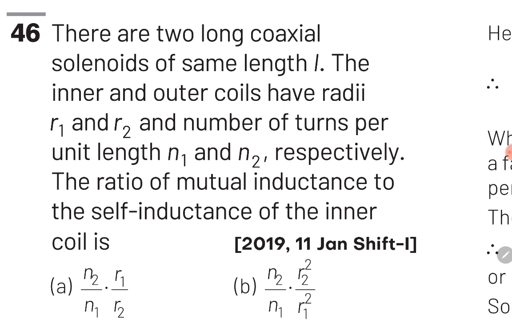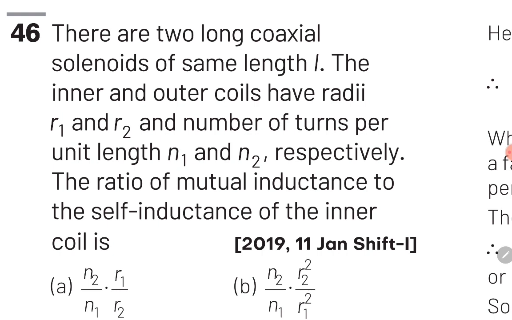Guys, in this question we need to use two formulas. The first formula will be of self-inductance of a solenoid. Guys, self-inductance of any solenoid is given by the formula mu naught n square A L, where n is number of turns per unit length and A is area of solenoid. Apart from this, we'll also have to use the formula of mutual inductance.